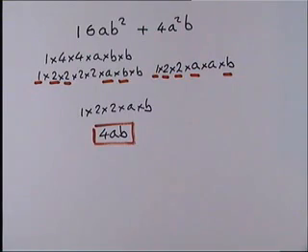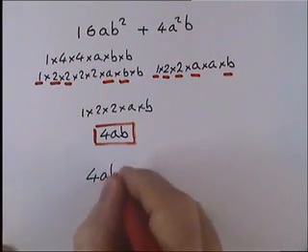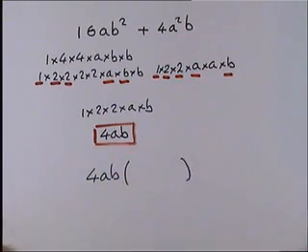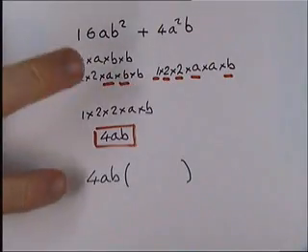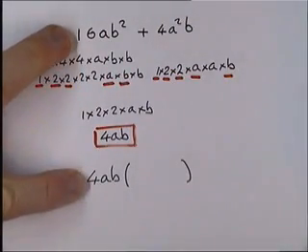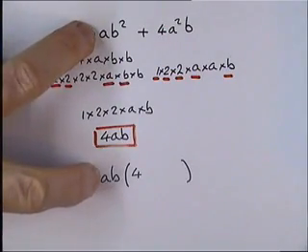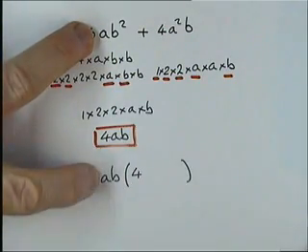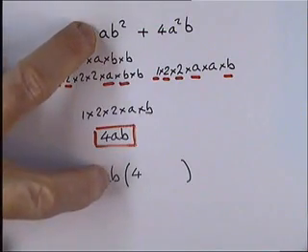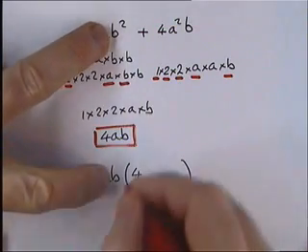So 4ab now can go outside the bracket, or in the first bracket, and then we've got to think to ourselves, well, what do you times 4 by to get 16? It's 4. What do you times a to get a? 1. So we could put times by 1 here, but we won't. And what do you times by b to get b squared?